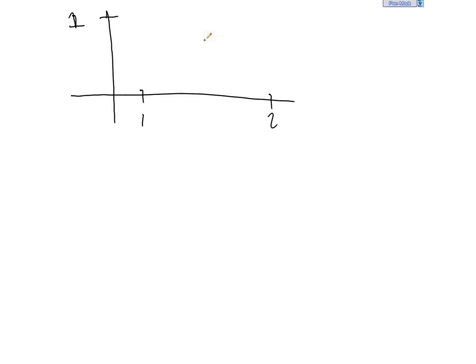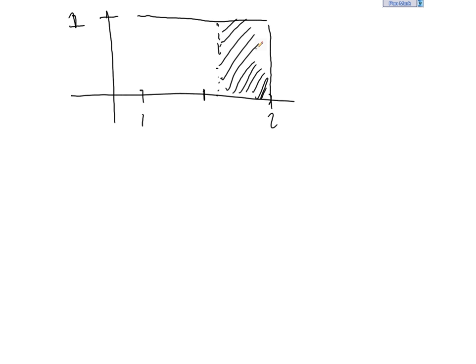This is 1, this is 2, there's the function. 1.5 is about there, so I want the probability of getting 1.6 or greater, only up to 2, because technically the failure of the battery occurs between 1 and 2 years.